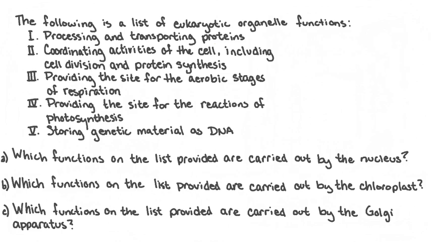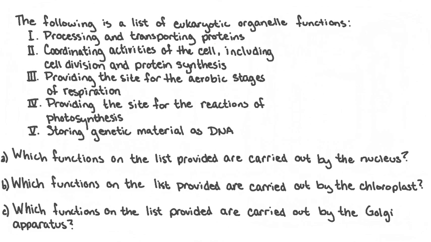The following is a list of eukaryotic organelle functions. 1. Processing and transporting proteins. 2. Coordinating activities of the cell, including cell division and protein synthesis. 3. Providing the site for the aerobic stages of respiration. 4.